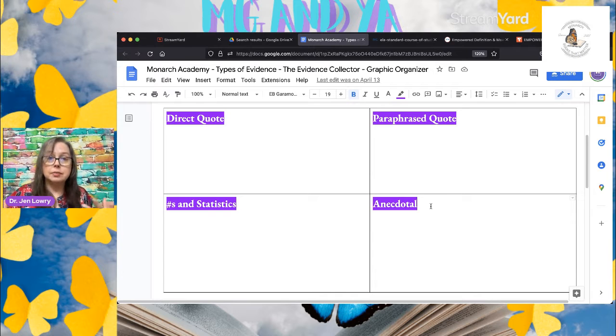So regardless of the type of evidence that you're pulling, when it's informational text, you always need your ethos there, which is your credibility. Can you trust the site? Can you trust the resource? Is it timely? Is it relatable? Is it current? And is it truthful?